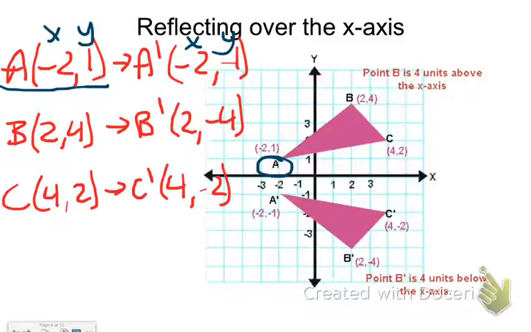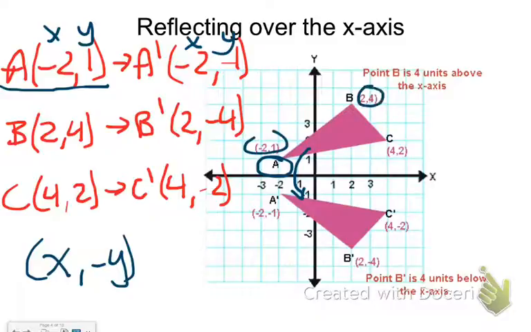Since we are bringing our points from where the y values are positive to the opposite side of our x-axis where the values are negative, we can use the coordinate rule x, negative y, which means whatever your coordinate is, if you are reflecting over the x-axis, you would be taking the opposite of that y value.